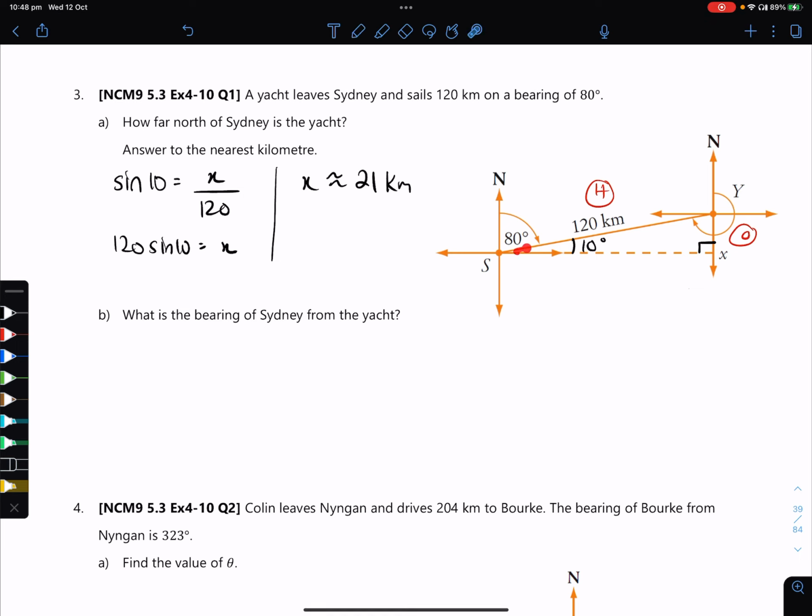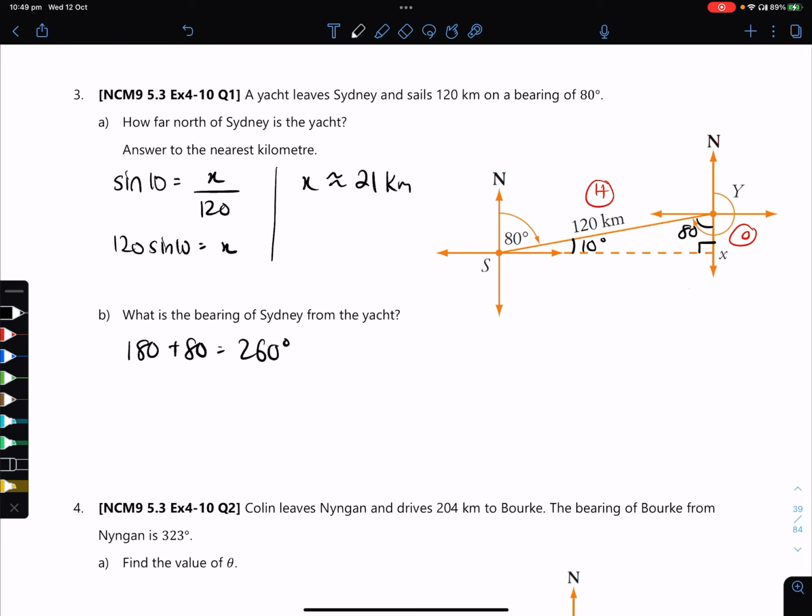So using the angle sum of a triangle, we know that that angle there will be 180 minus 90 minus 10. That will just be 80. So if that's 80, then the whole bearing will be 180 plus 80. So 180 plus 80 will be 260 degrees.